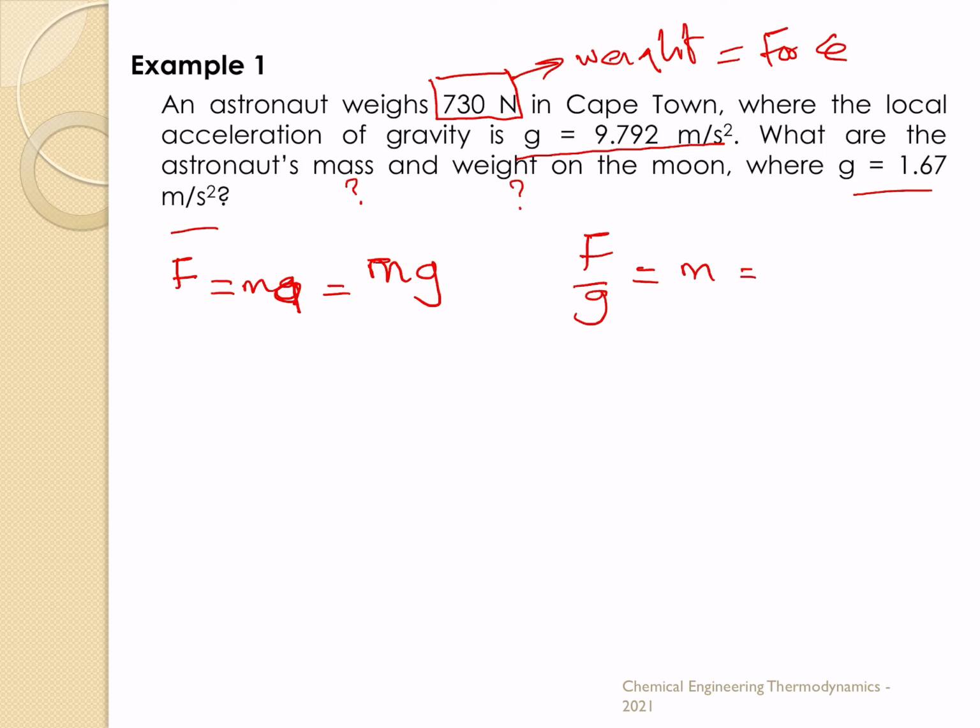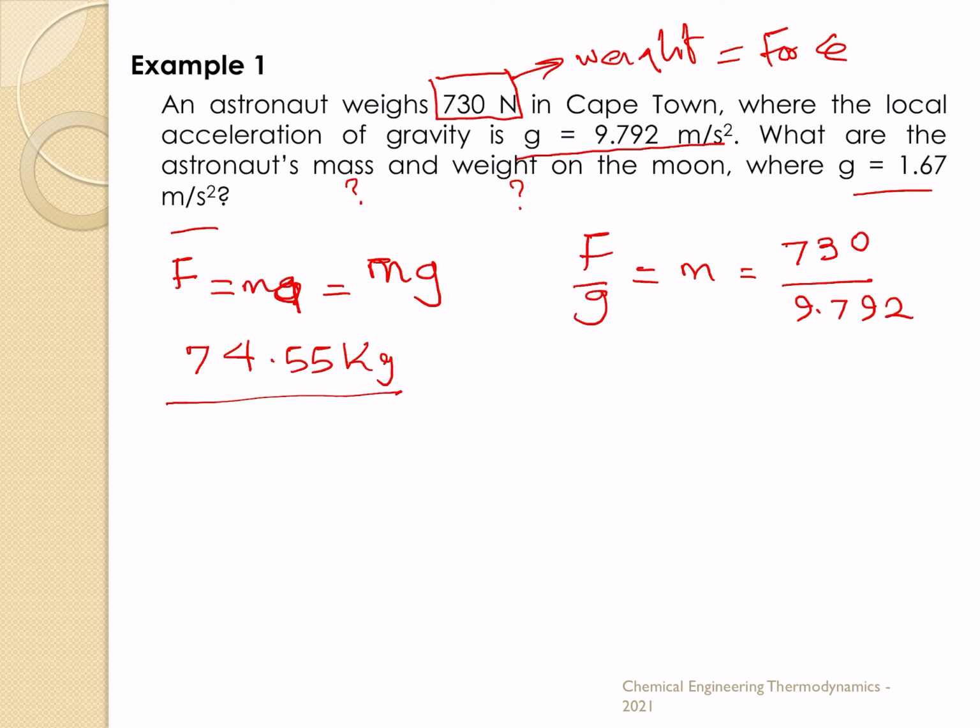So let's use what we've got. We've got the force, 730, and the acceleration of gravity on Earth, 9.792, and that should give us 74.55 kilogram. That is the mass of the astronaut on Earth.